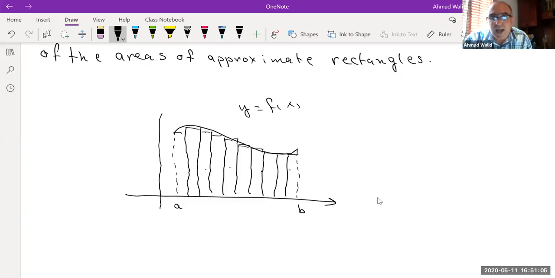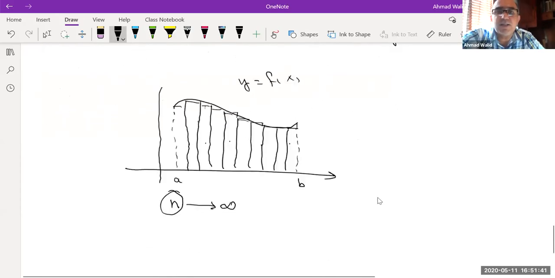I can even make more rectangles, more rectangles. If I show the number of rectangles by n, your n can approach where? You are increasing n. Your n is approaching to where? To infinity. As much as you have more rectangles, you will end up with a really good approximation, which is close to reality, correct?